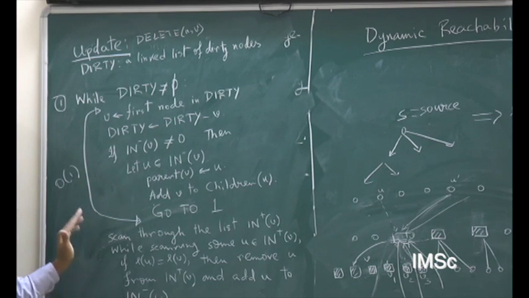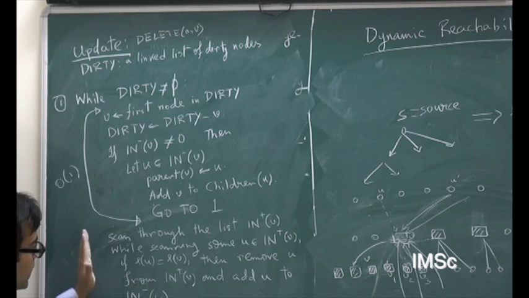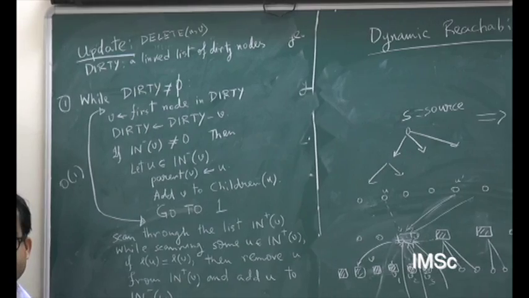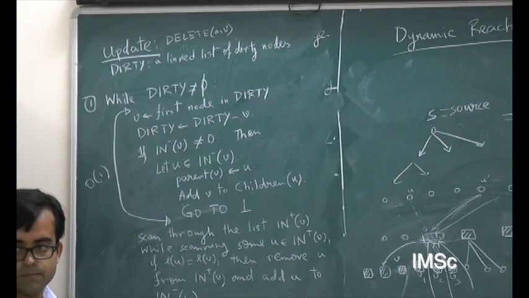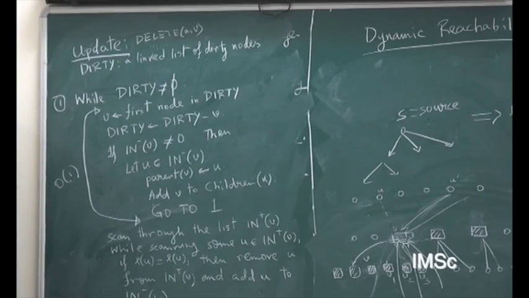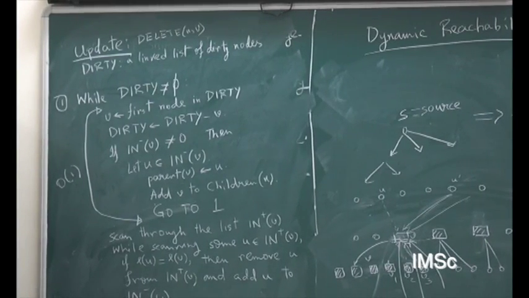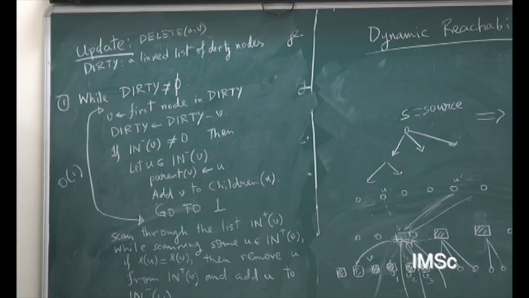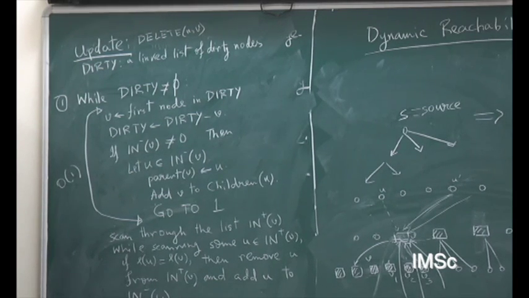Otherwise, if it has to remain dirty, then we are scanning through all the edges, incoming and outgoing edges from v, but for each such scan, the level of v is increasing. When you're scanning through in plus of v, and suppose l of u is not l of v, then for that edge, the next step.